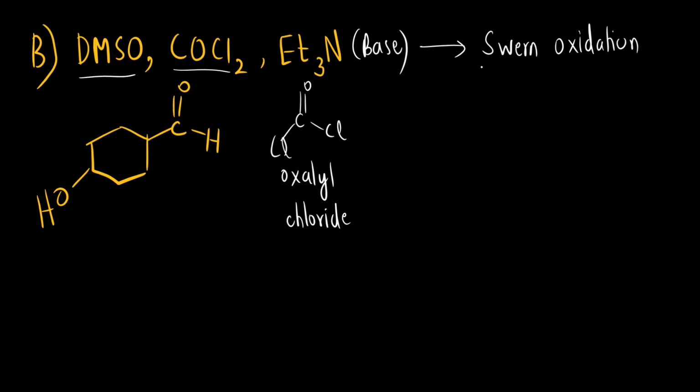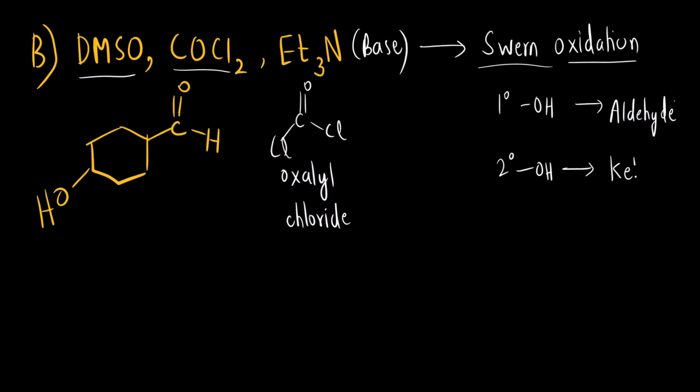What happens in Swern oxidation is that primary alcohol is converted to aldehyde, and secondary alcohol is converted to ketone.